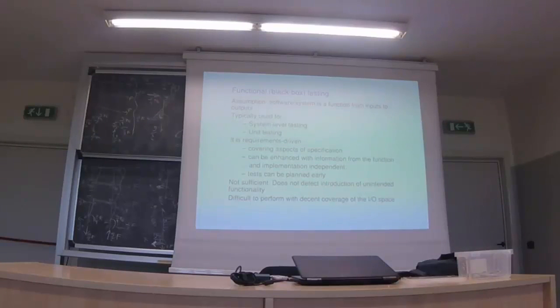It is requirement driven, so we have to define the requirements to be able to do this kind of black box testing, because it covers aspects of the specification that I explained in the previous hour. It can also be enhanced with this information and is implementation independent, because it doesn't depend on what we are implementing or which language we are using. Also, and usually it's better, tests should be planned beforehand.